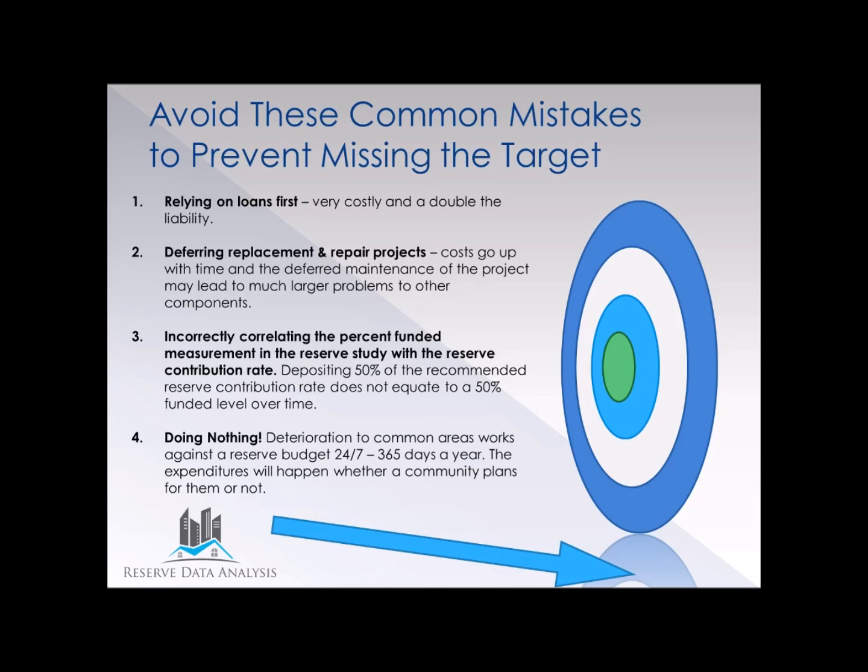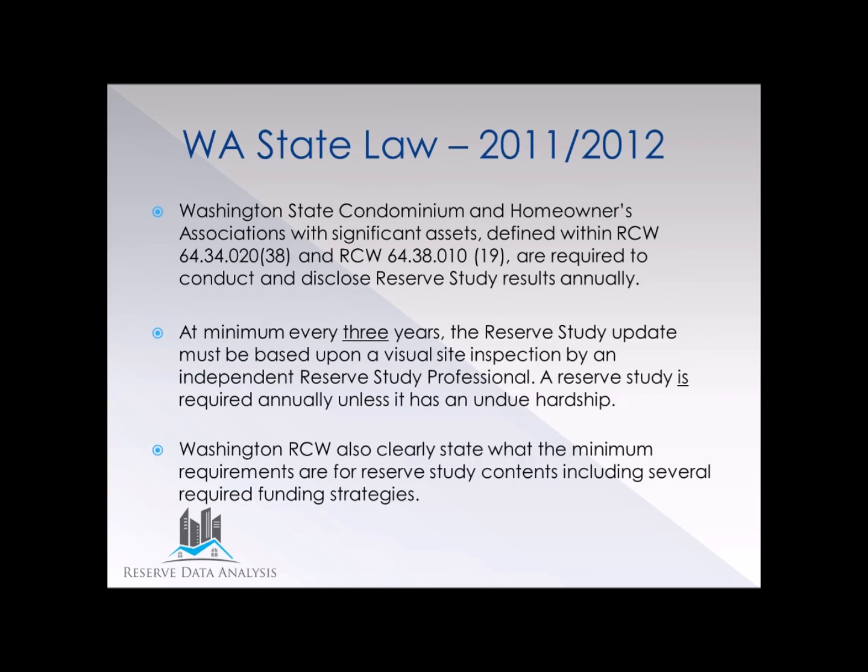And lastly, last question: what does Washington state law say about how often and what components are needed in reserve studies? So on this one, what I'm going to do is switch actually. Well, let's do this here real quick. Washington state law was implemented in 2011 or 2012.